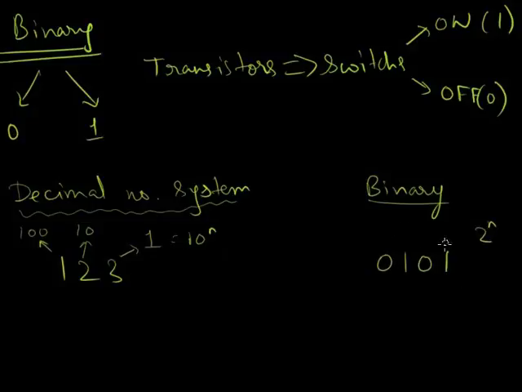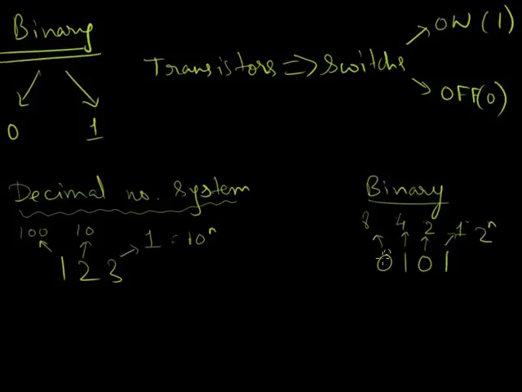So we have the 1's place, the 2's place, the 4's place, and the 8's place. So this is 2 raised to power 0, this is 2 raised to power 1, this is 2 raised to power 2, and this, 8, is 2 raised to power 3. So this way we have the binary.